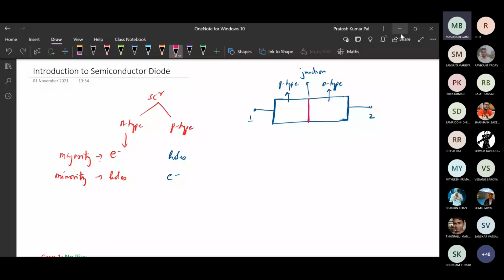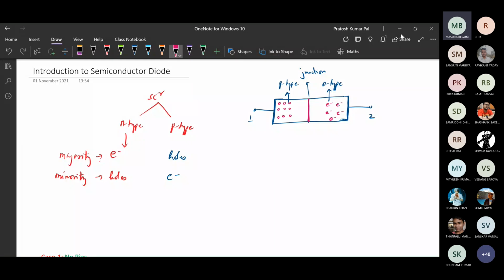At the junction, in p-type semiconductors holes are the majority carriers and electrons are the minority. In n-type we have electrons in majority.